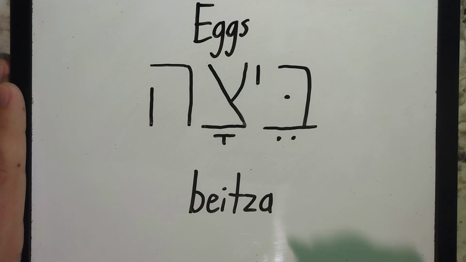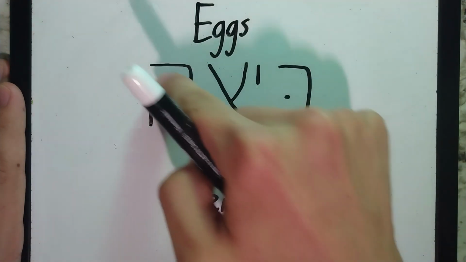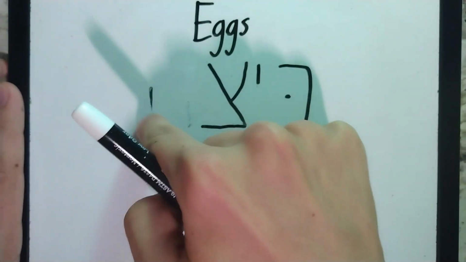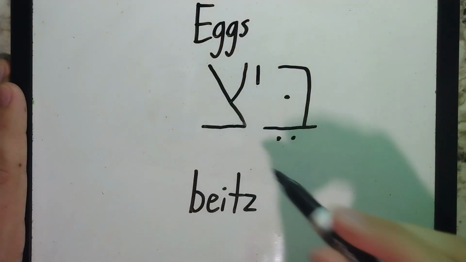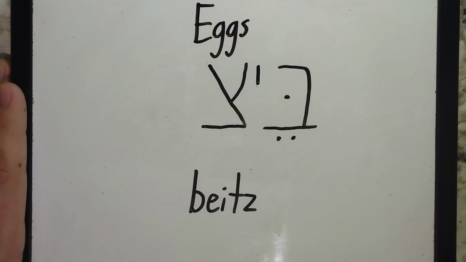How would we pluralize the word beitza to make the Hebrew word for eggs? Well, first we are going to have to take off the ah ending that shows that it is a feminine singular noun. So now we have beitz, onto which we can add the plural ending. You would think because beitza is a feminine noun that we would add an ot, which is usually the feminine plural ending.